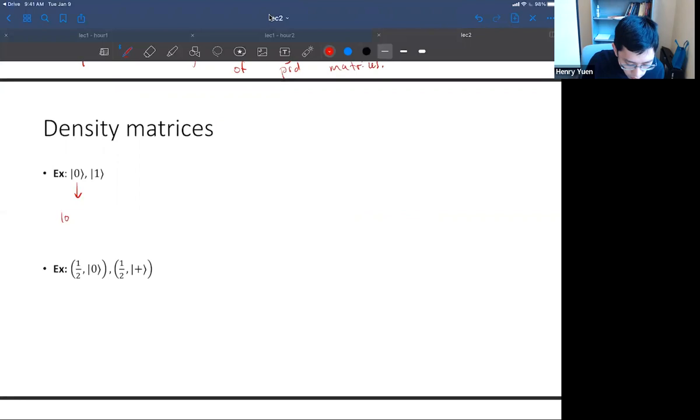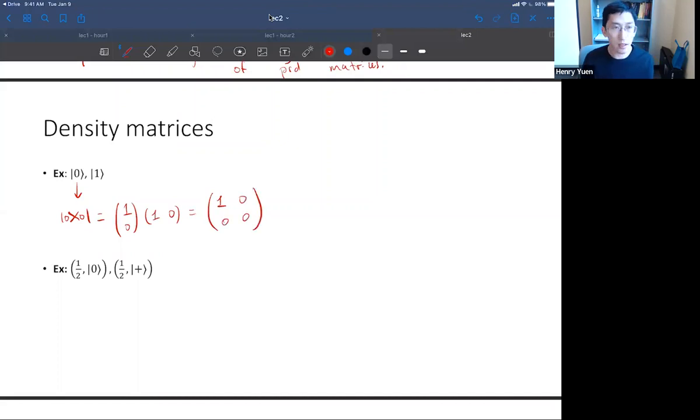Ket0 would correspond to the outer product ket0 bra0, and this is just the product of the column vector with its row vector self. You do the vector-vector multiplication, and you get this matrix. Clearly, you can see that it's a density matrix. It's trace 1. It's positive semi-definite. Similarly, ket1 bra1 is equal to this density matrix.